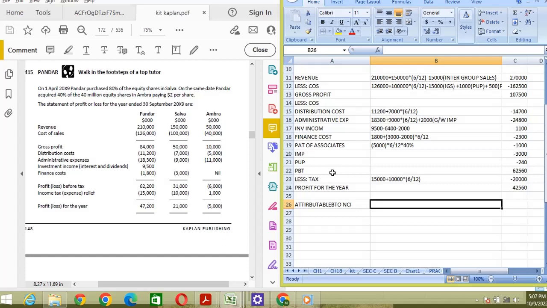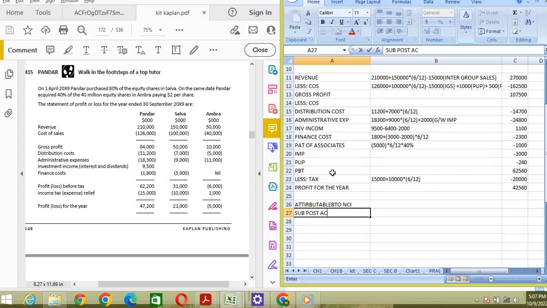This profit includes the interest paid by the subsidiary to the parent, which we need to add back. So here I will do a small working. So the subsidiary post-acquisition profit amount is 21,000.